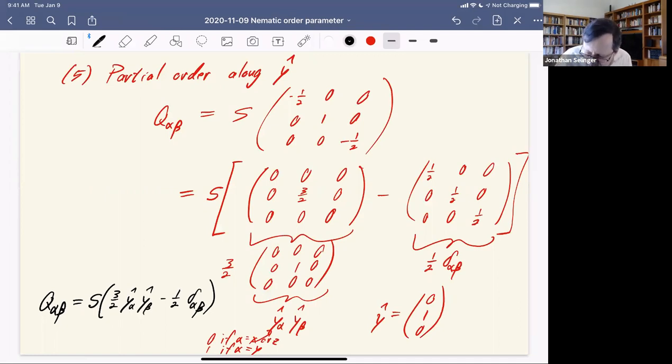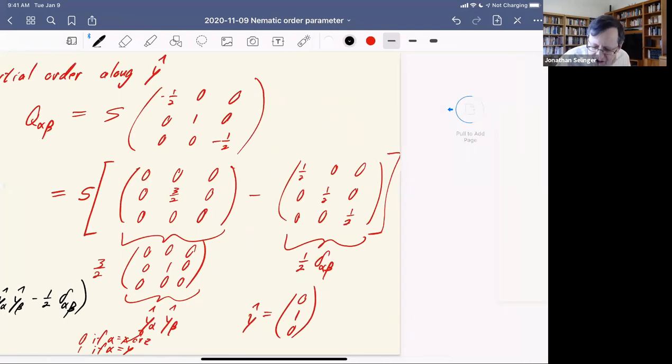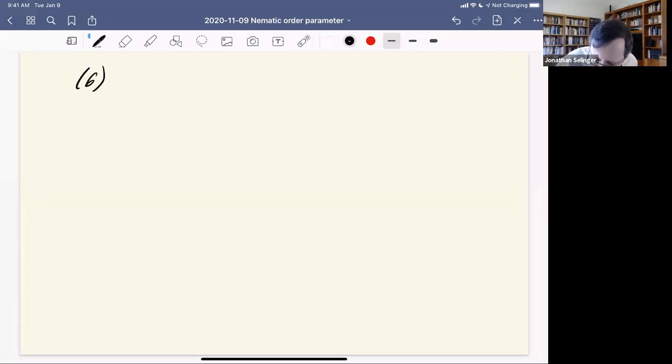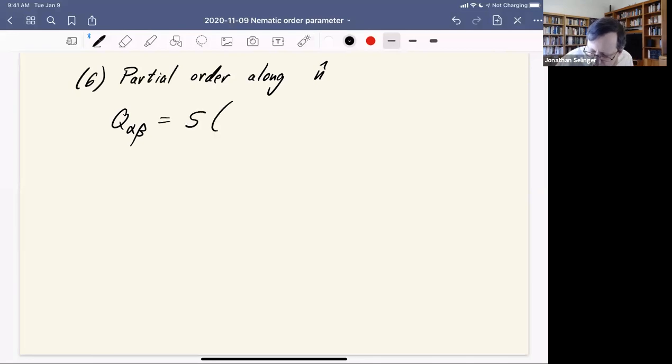Now, that inspires us to work by analogy. What if we have partial order along any unit vector n? In that case, Q alpha beta must be this scalar S times 3/2 n alpha n beta minus 1/2 delta alpha beta.